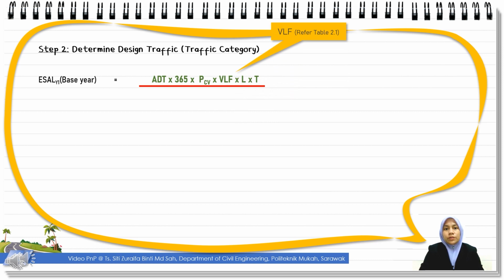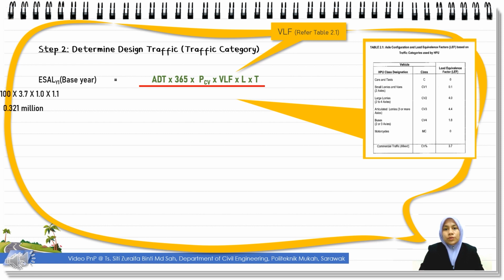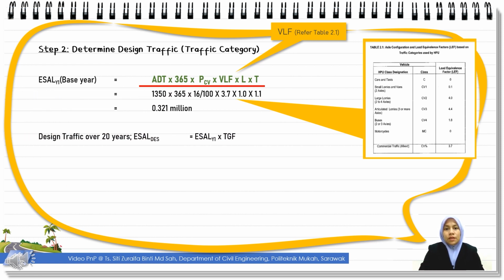To get the value of VLF, you must refer to table 2.1. From the question, the vehicle type is commercial traffic mix, so the load equivalent factor LEF value is 3.7.